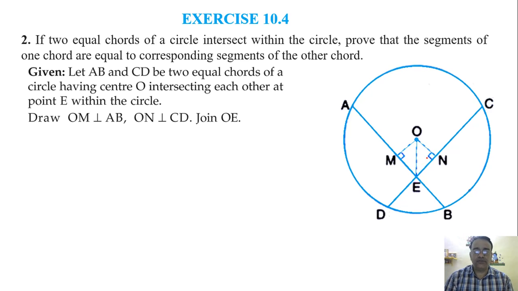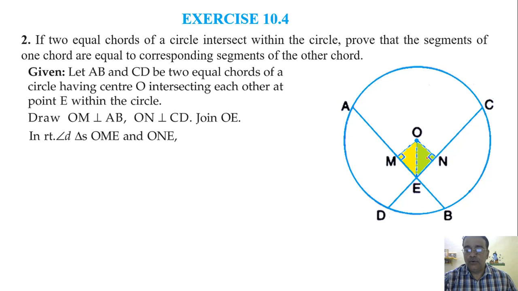Now we are going to take the two triangles, OME and ONE. Now these two are equal. Why? OM is equal to ON, because equal chords are equidistant from the center.